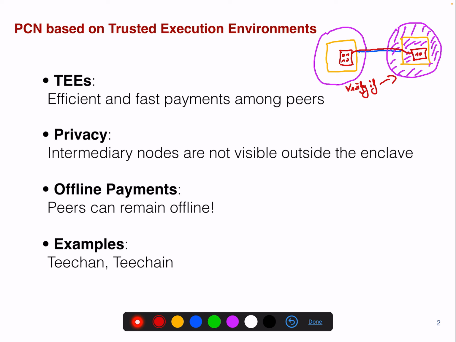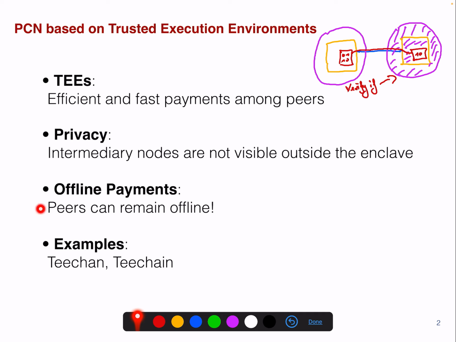So that's called remote attestation. So the advantage of these kinds of trusted execution environments is that you don't need to verify that this CPU is doing the right thing.